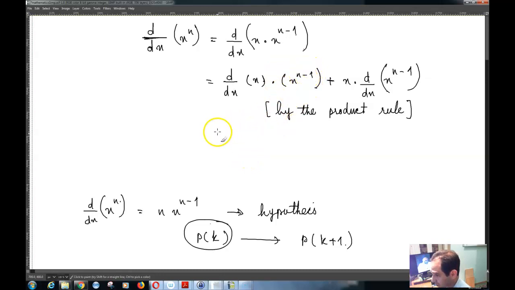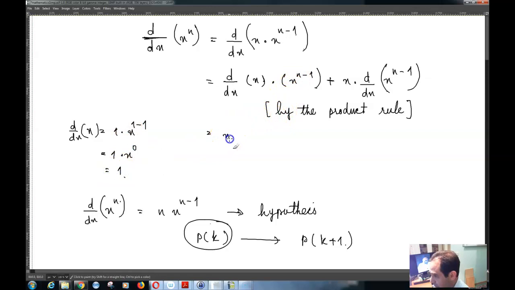I suppose I can write this as, instead of d by dx of x raised to the power n, I could write 1 times the derivative of this. d by dx of x becomes 1 times x raised to the power 1 minus 1, which is equal to 1 times x raised to the power 0, which is equal to 1.